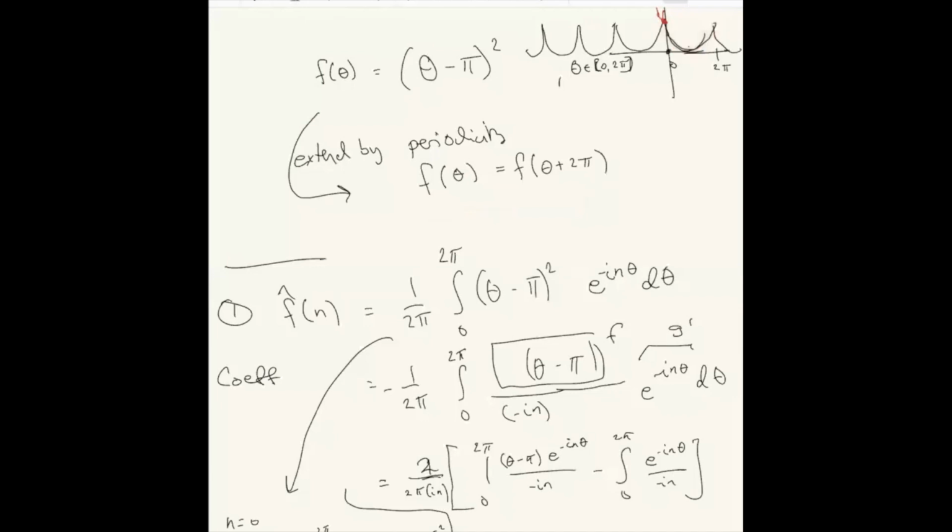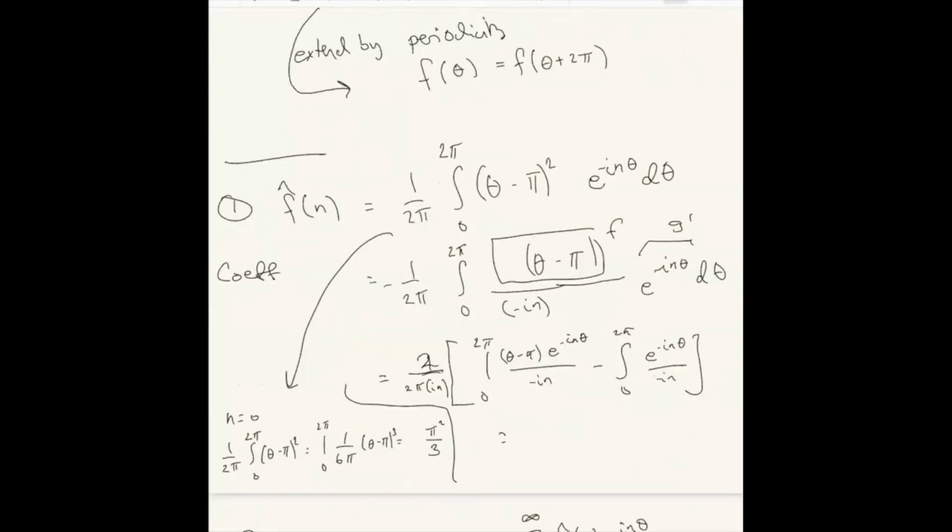Okay, we have this function. How do you find the Fourier coefficients? Well, the Fourier coefficients are computed by the inner product between the function and the basis element, and there's the conjugation, so that gives you the minus in theta. So you get this expression. Now there's always two cases. N equals 0 needs to be treated separately. But n equals 0 gives you that this part here is equal to 1. e to the 0 is still equal to 1, even for this complex thing.